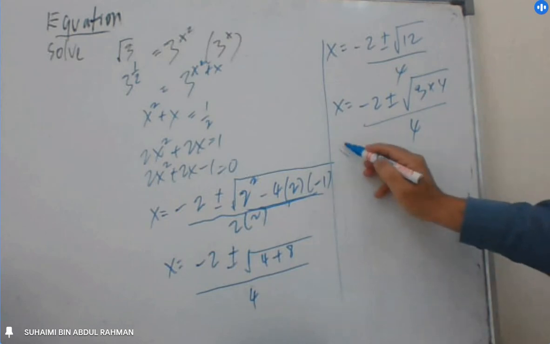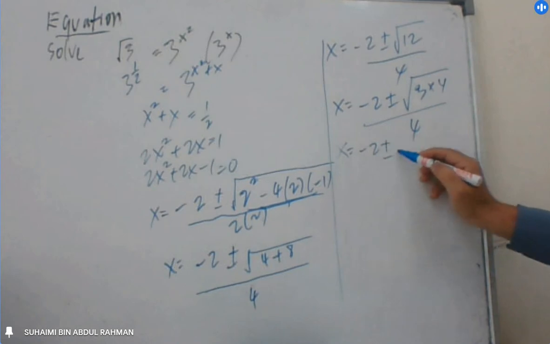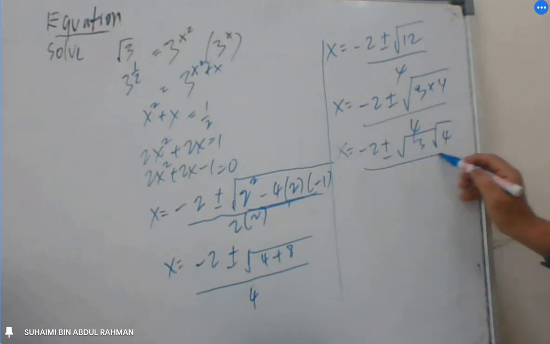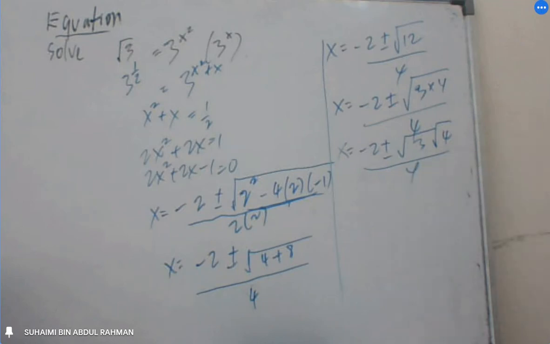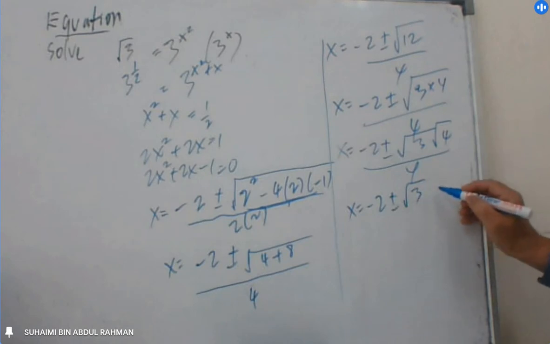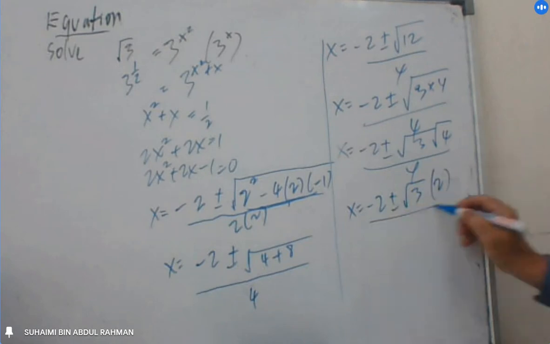So x is minus 2 plus minus square root of 3 times square root of 4 divided by 4, which is minus 2 plus minus 2 square root of 3 over 4.